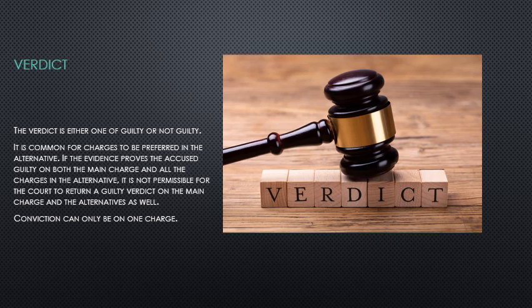When the charges are laid out by the state, there will be different charges, but the main one will be there. An accused can be guilty on both the main charge and any other alternative charges, but if you fail on the main charge, you cannot then be convicted of the alternatives.